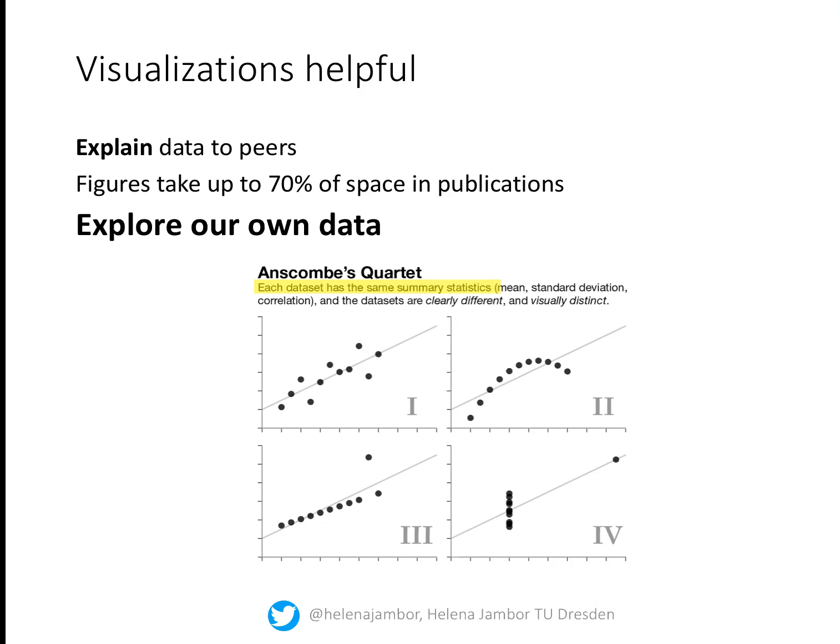In one, the data points are following a line. In one, the data points are accumulated in one spot, and we have an outlier somewhere else. In one data set, the data is somewhat scattered, but roughly around a line. And he designed these data sets in such a way that they have the exact same summary statistics.